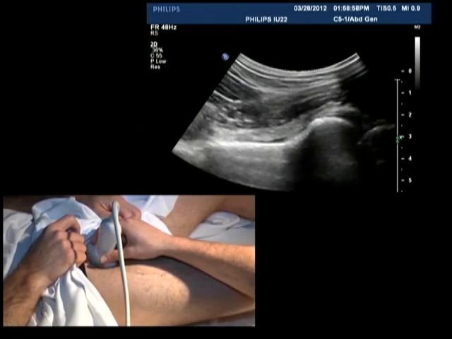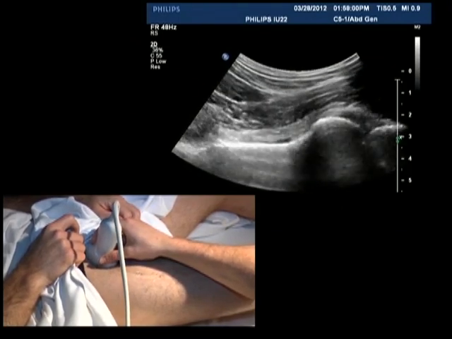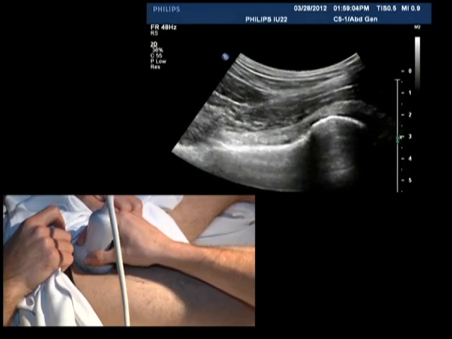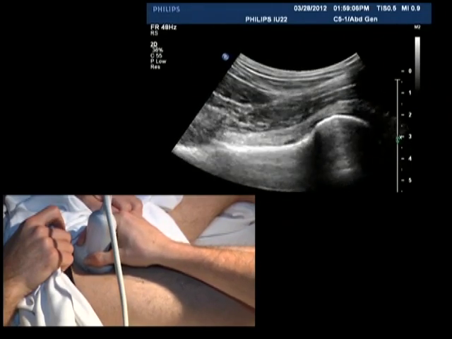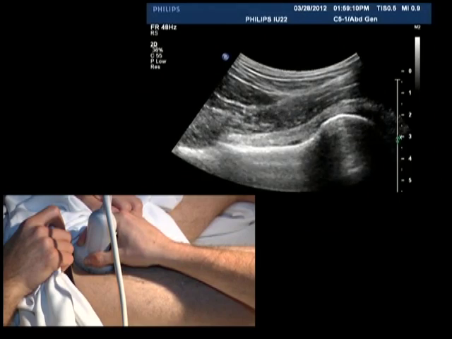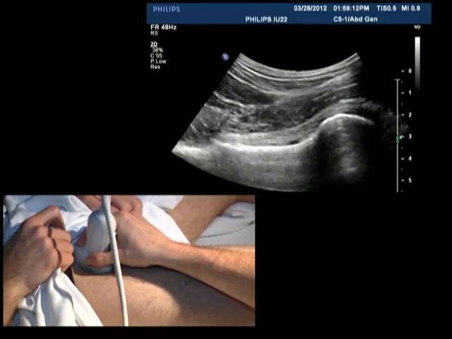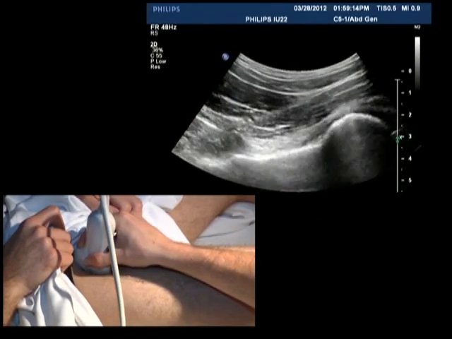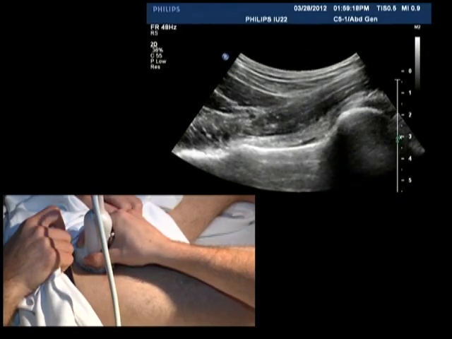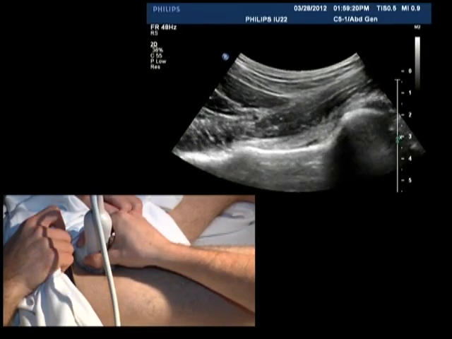I'm going to come a little bit inferior to that, and here we are at the anterior joint recess. So you can see here in the normal patient, bright echogenic capsule and really no detectable fluid whatsoever. So that's the normal appearance. And this is the way that you want to look for any fluid in that location. The way I have the transducer here, you can see it's obliquely oriented.